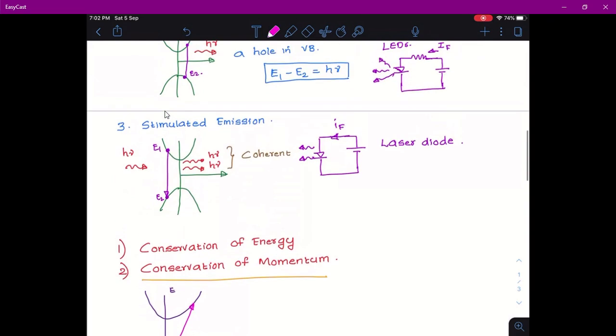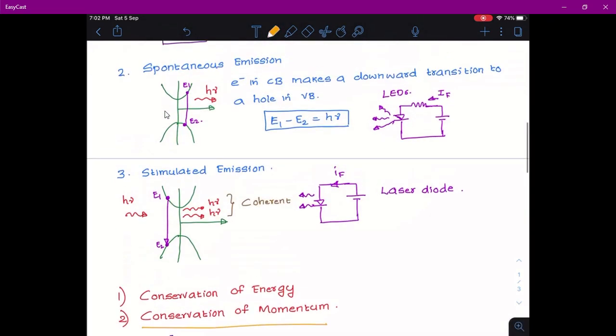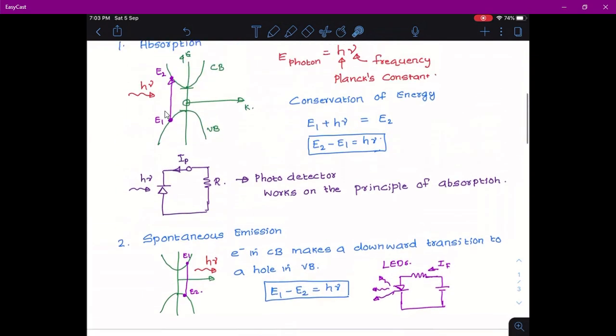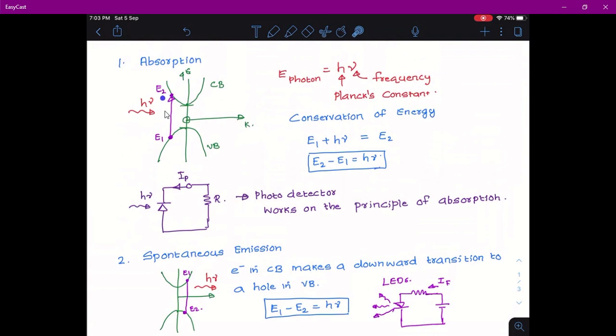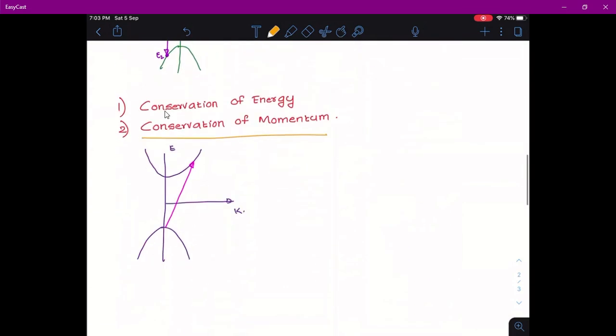If you look at all the previous discussion we had regarding absorption and emission, we always have the lines in a straight line. So all the emission and absorption happened in a straight line. So naturally the question will be, can the electron jump in a slanted line? What happens if it jumps in a slanted line?